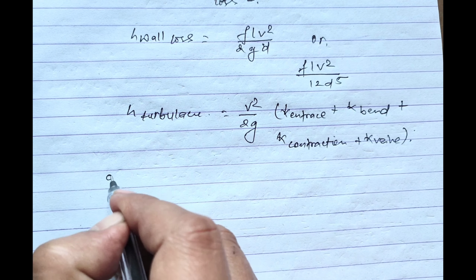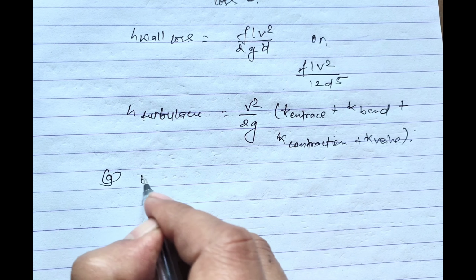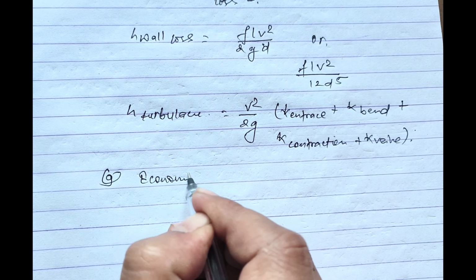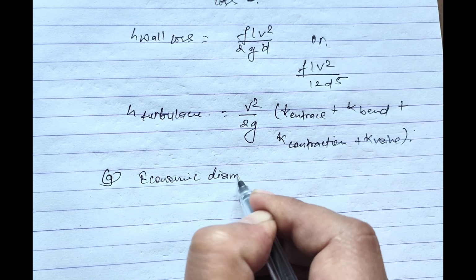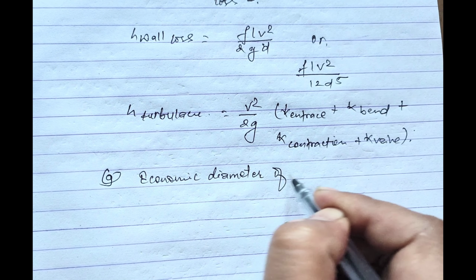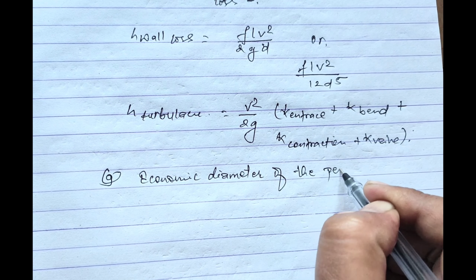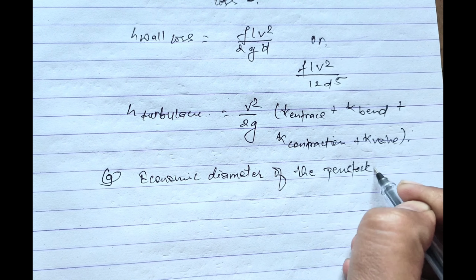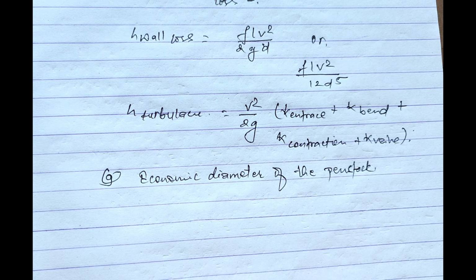After this, we will go to the economic diameter of the penstock. Under average condition and present day price, the most suitable diameter of pipeline is frequently one which gives the maximum water velocity of approximately 5 meters per second, or that can vary from 2.5 to 3.5 meters per second.